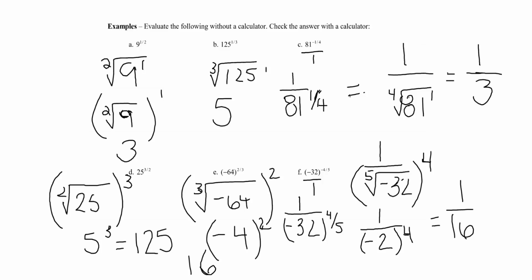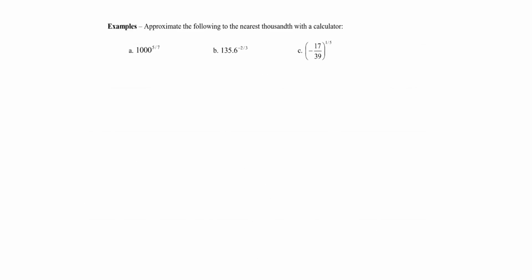Okay, here we are approximating the following powers to the nearest thousandths using a calculator. So what I did is I typed into my calculator 1000 raised to the 5/7 power, and I use a TI 84 graphing calculator. So remember, when you put the exponent in, because it is a fraction, you want to put parentheses around that fraction.